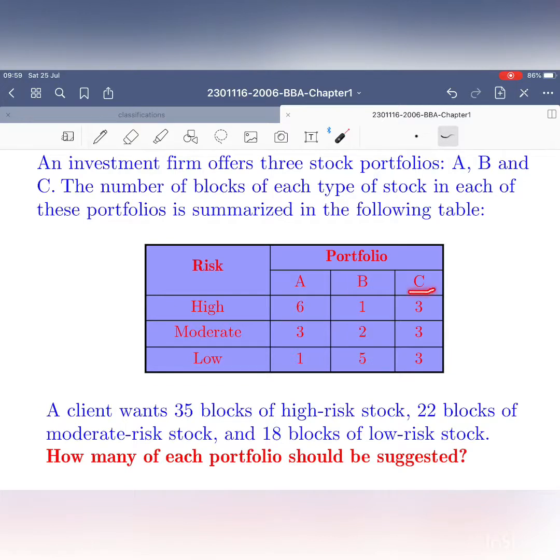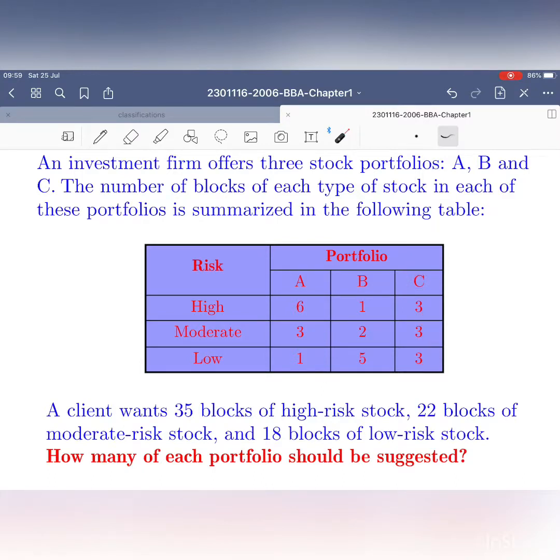And the last, portfolio C, they are going to distribute the high risk, moderate risk, and low risk with 3 portions each.